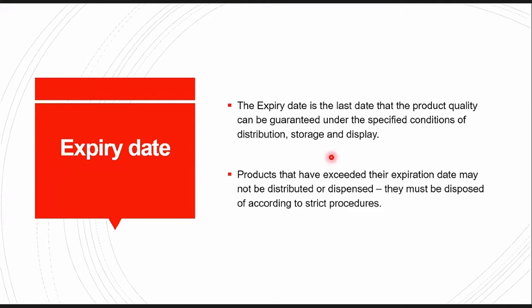So expiry dates come with a controversy. So when does a drug expire? If the label says June 2019, there's been a lot of argument, but if you look at compendia, the reference literature available, a product labeled 30th June 2020 expires on the 30th of June.